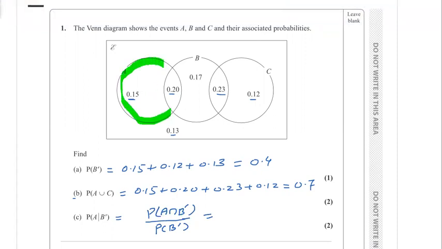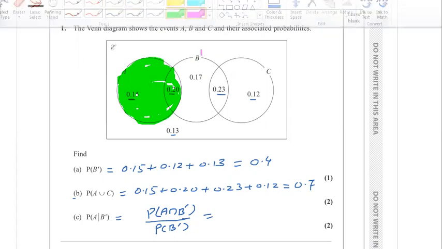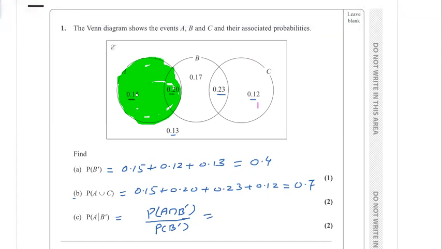I will shade inside of A. This is all inside of A. And then B complement means outside the B. Outside the B will include all that region, but we have to consider only the common region, because we are taking intersection. So in intersection, we have to consider the common region.